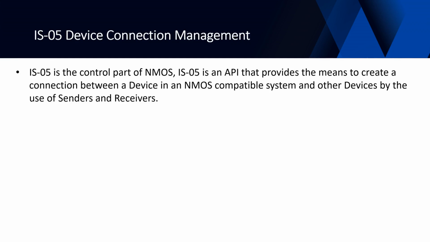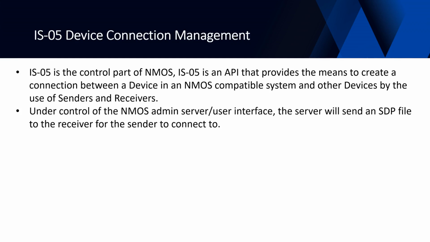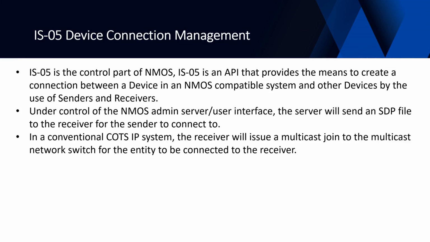So now this is where IS-05 is going to take over, because IS-05 is the piece of the standard that now manages the connections. How do I connect this receiver to this sender? So the IS-05 piece is the one that is going to do the control of typically receivers, is where we typically think of this being used.